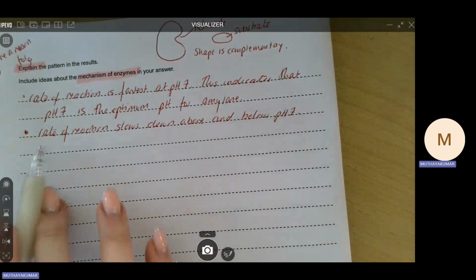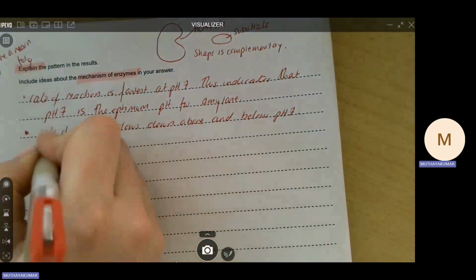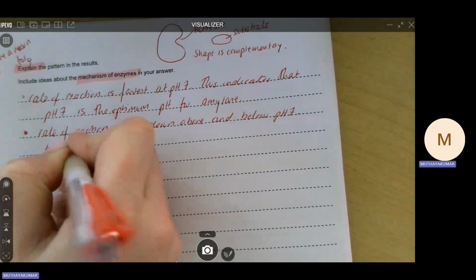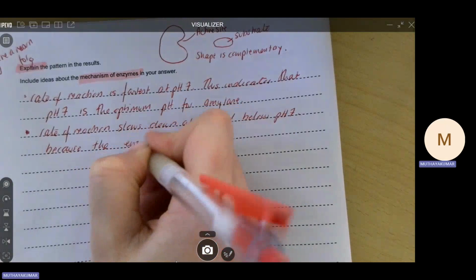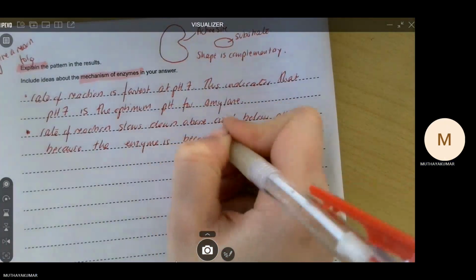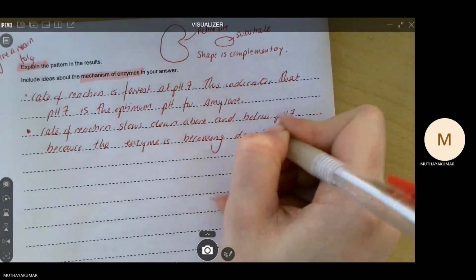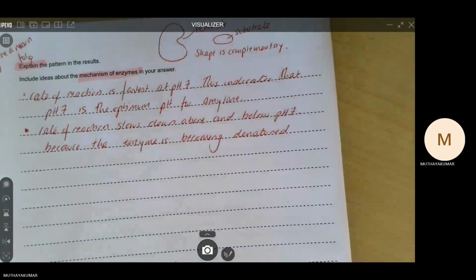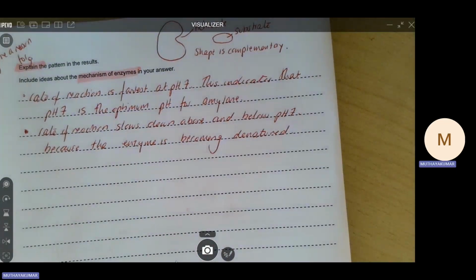All right, so I've commented on my result and I'm going to now explain it. So I'm going to say because the enzyme is becoming denatured. And then I'm going to explain what that is.